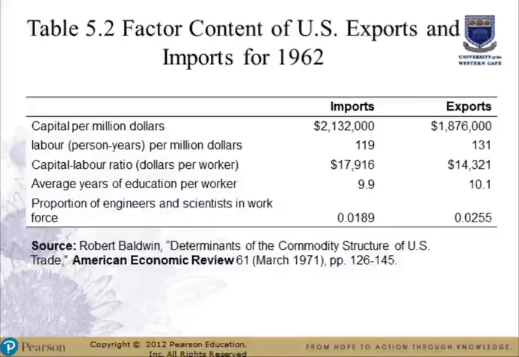Table 5.2 shows data illustrating the Leontief paradox. The first two columns show that in 1962, the US exports were produced with a lower ratio of capital to labor than the US imports.